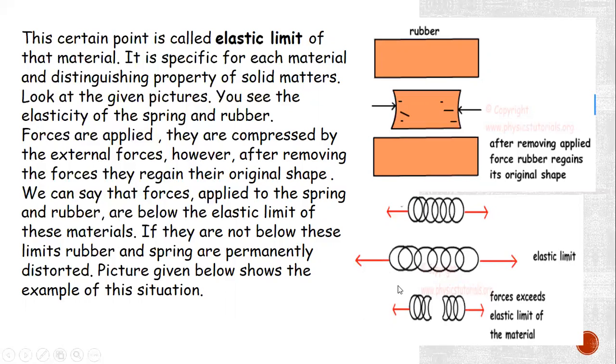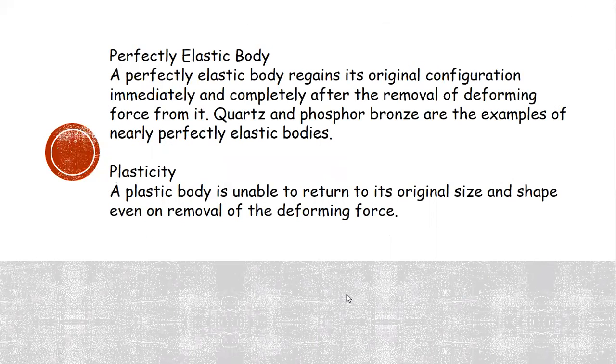If we keep on applying the force, ultimately the spring will break. So elasticity is the property of the ability of a material to regain its shape after the deforming force is removed, but it is to a certain limit.